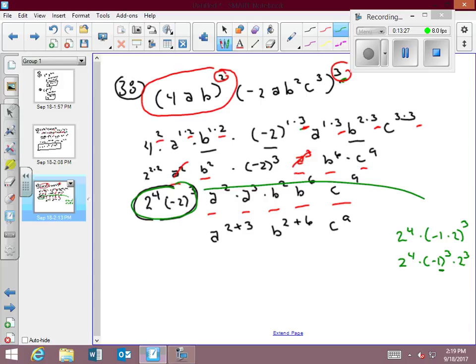This minus 1 right here to the 3rd makes this whole number a negative. Then I go 2 to the 4th power plus 3. This is 2 to the 7th. So what I write is a negative 2 to the 7th here. Then it's expressed in prime numbers.